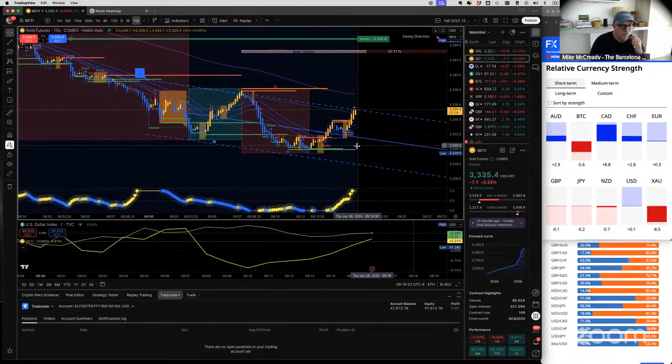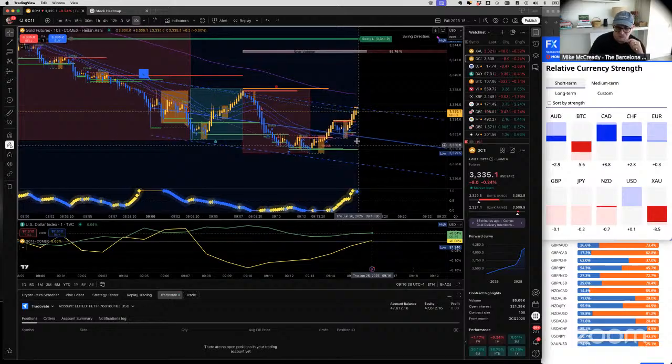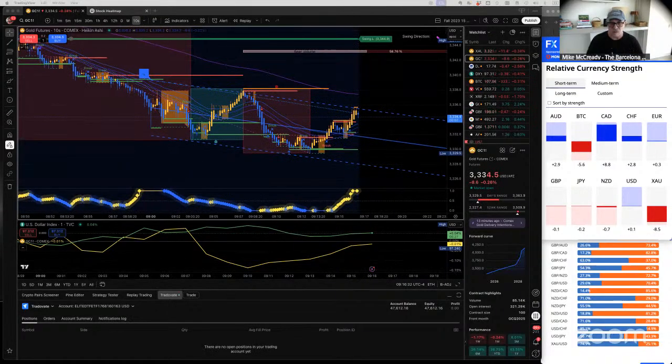Profit taking. Depending on how much profit taking goes on here, we could take a little buy and take some money on the way up, but it's not my favorite trade.